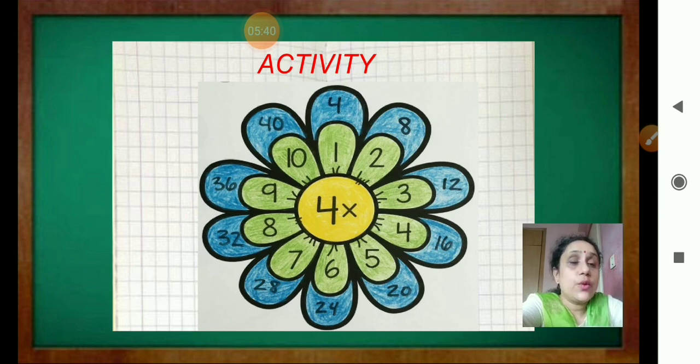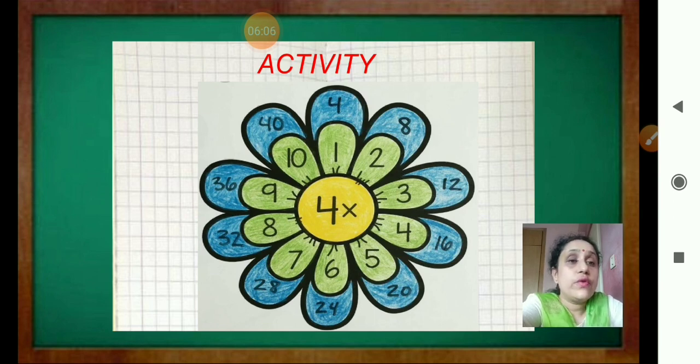And the petals, how many petals are there? 10 petals that are green in color, and the outside ones are also 10 petals. Okay, 10, 10. So you can see how the numbers are written from 1 to 10 inside the green ones, and then on the outer side petals 4, 8, 12, like that till 40.